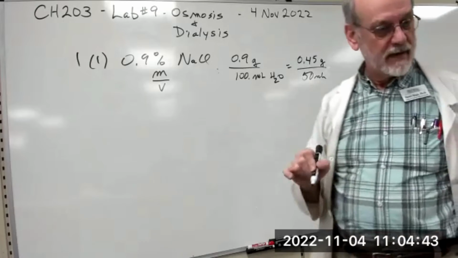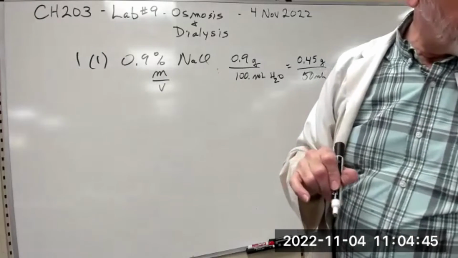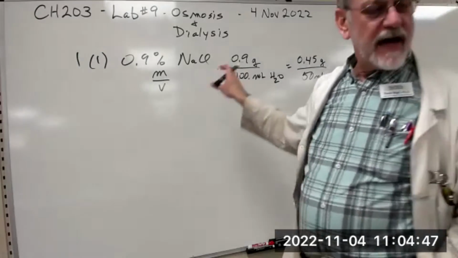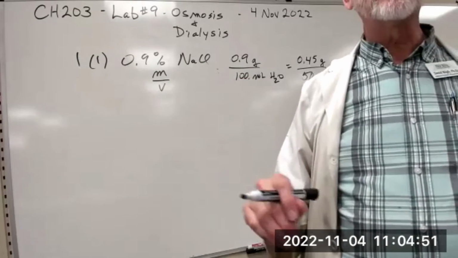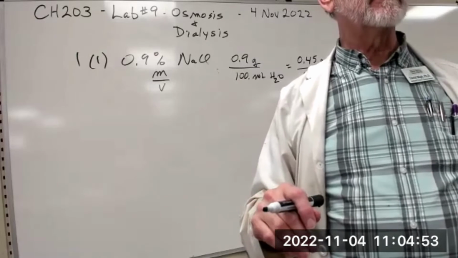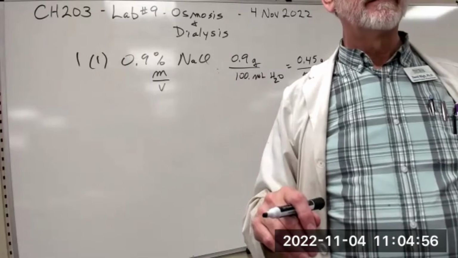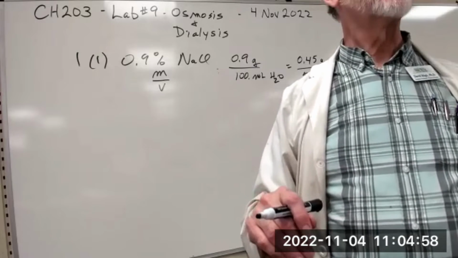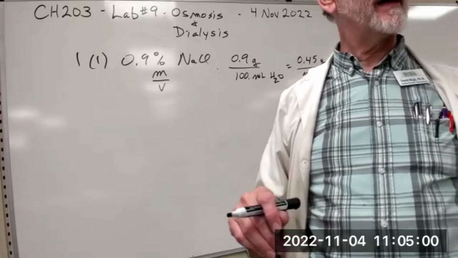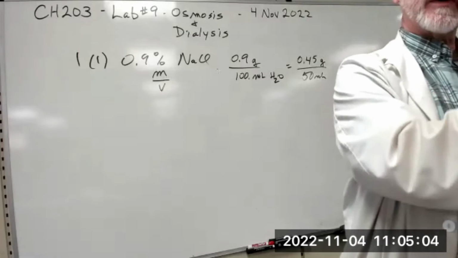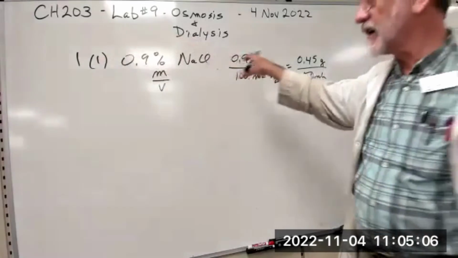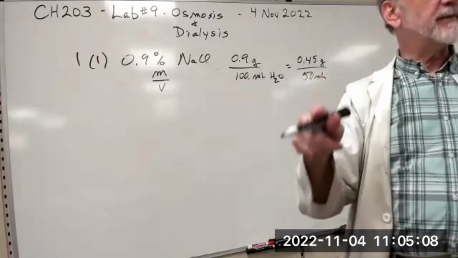Okay. Part 2. We got to make, that's an isotonic solution. Oh, we skipped hypotonic, right? What's our hypotonic solution? Distilled water. You don't have to do anything with that. So you're going to have a potato core go in distilled water, one go in the isotonic solution, and one go in the hypertonic solution.